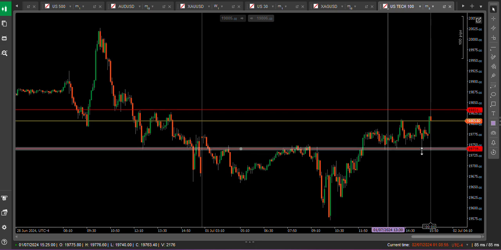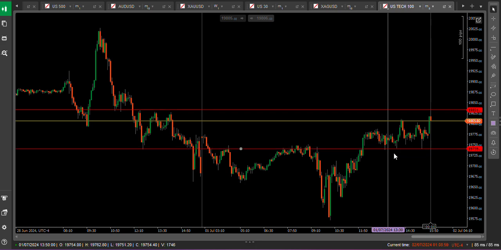If you want to go bullish today, you can wait until it takes these two out and then go bullish. If you want to go bearish, you can wait for it to take these two out and then go bearish. That's how you do standard deviations.